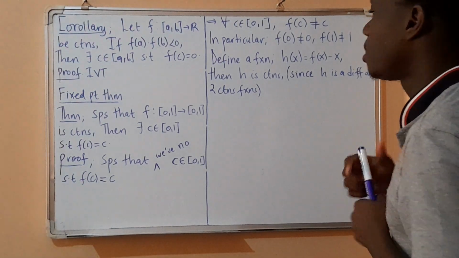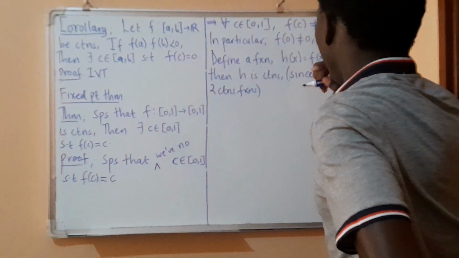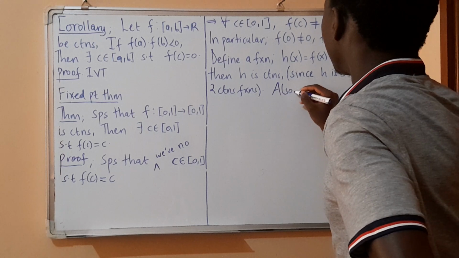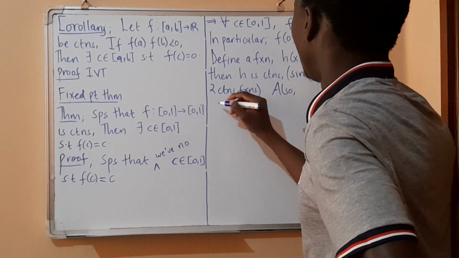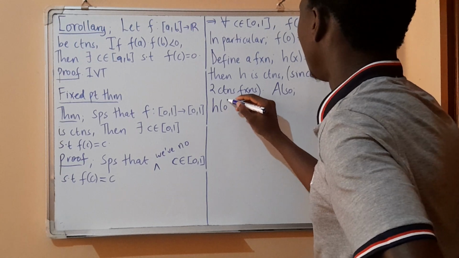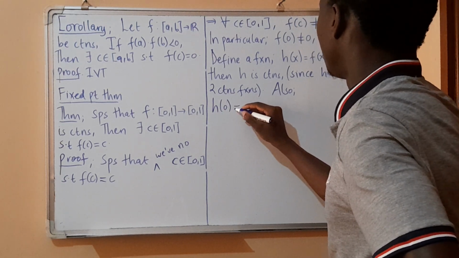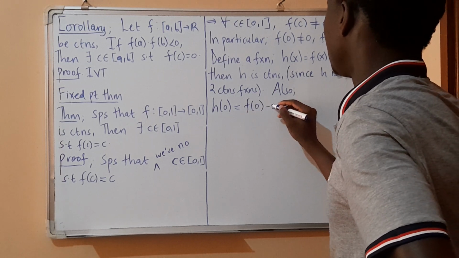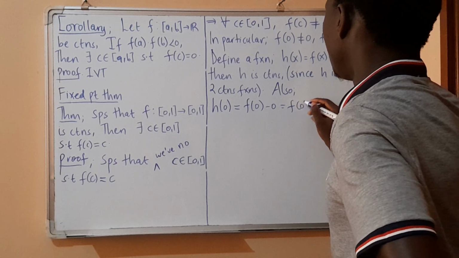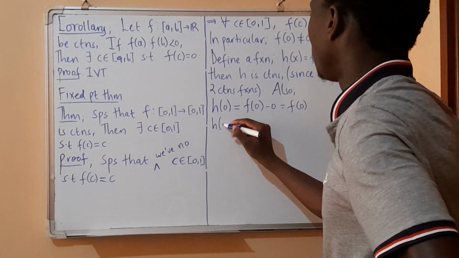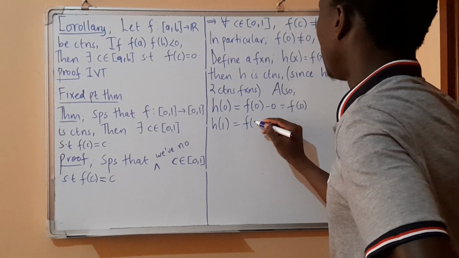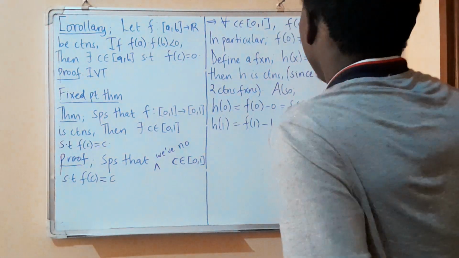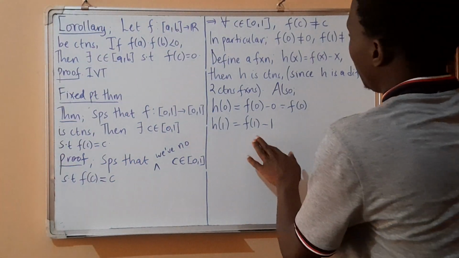Also, h of 0 is equal to f of 0 minus 0, which is equal to f of 0, and h of 1 is equal to f of 1 minus 1. It's simply f of 1 minus 1.